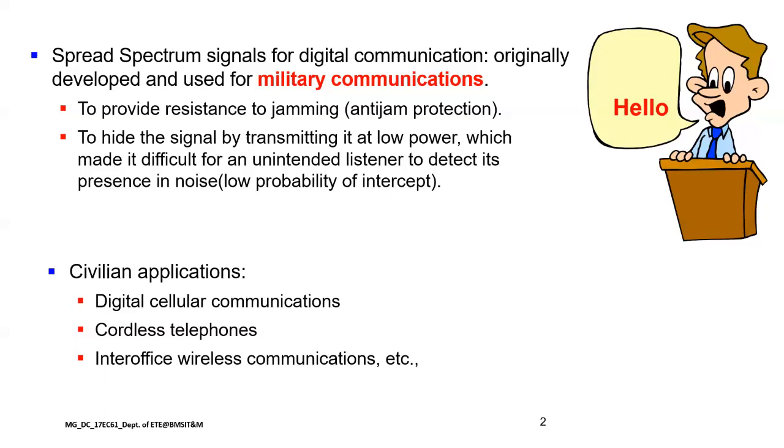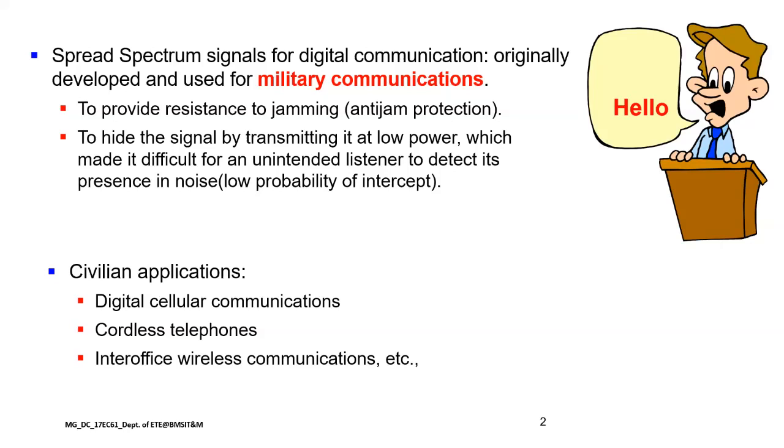In what way is spread spectrum communication different from the conventional communication system? The difference is that in spread spectrum communication, as I said, the information signal will be spread by using a code called pseudo noise code.